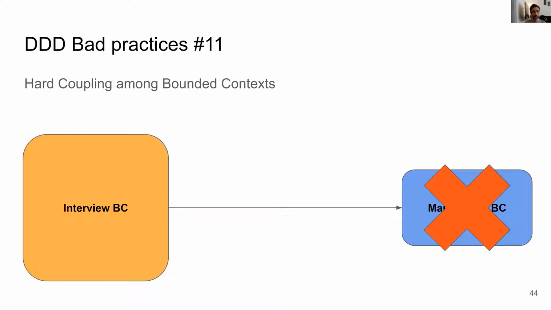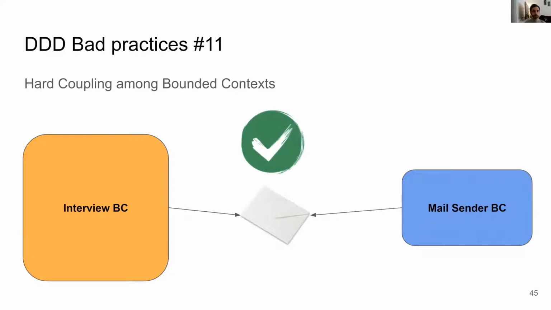So now it means that any bounded context that you use is tightly coupled together, and that could cause problems like that. The idea is using messages. When the interview bounded context finishes its work, it sends a message to a message broker. For example, it could be RabbitMQ, Kafka, or any other framework.